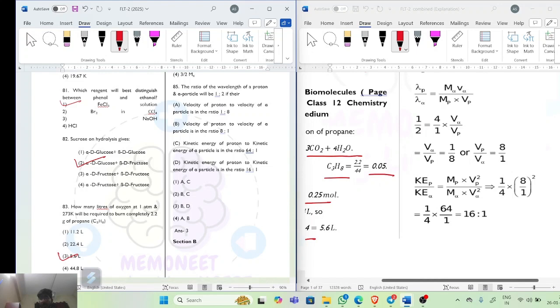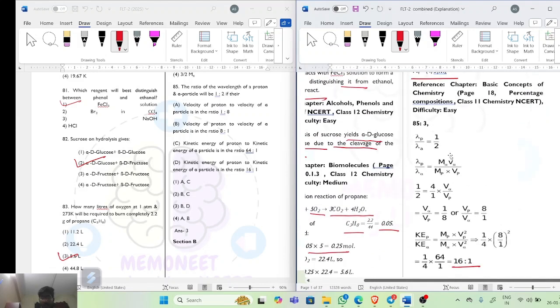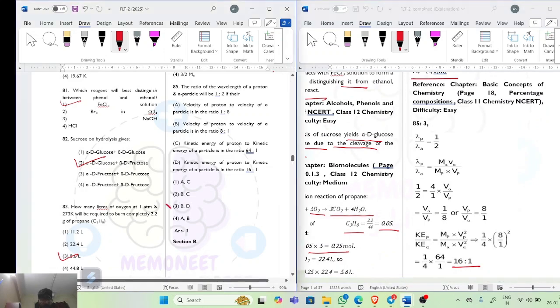Now putting the values, we get 1 by 2 equals 4 into m alpha divided by the velocity of proton. Now solving this we get vp divided by v alpha is equal to 8. Now we can write the equation for kinetic energy. Kinetic energy is mp into vp square divided by m alpha into v alpha square, because the half will be cancelled out. So it comes out to be 16 ratio 1. Means option number D is correct. So the correct answer will be option number C, which is B and D.